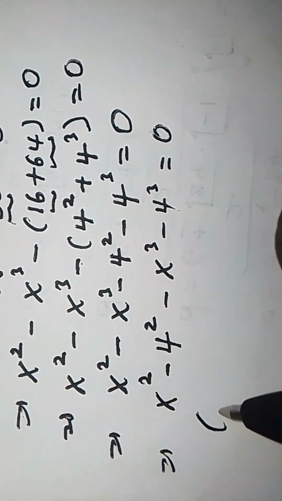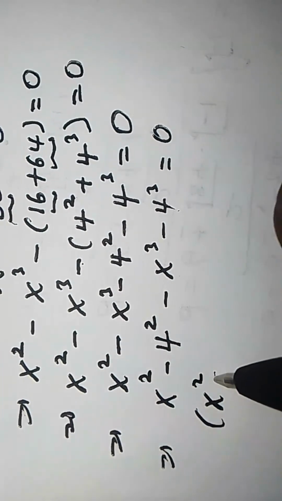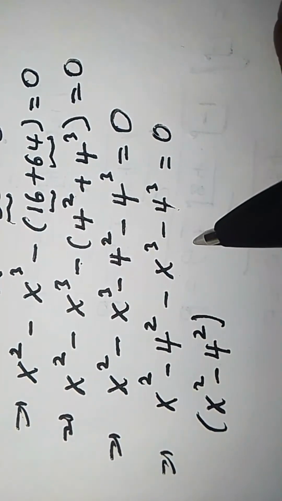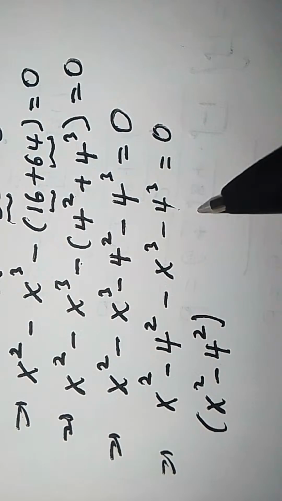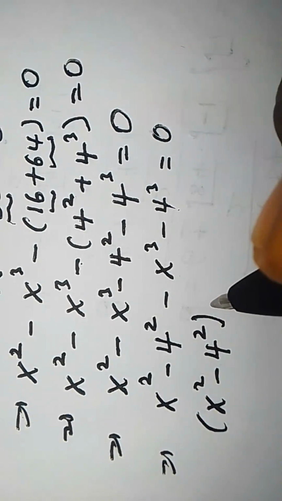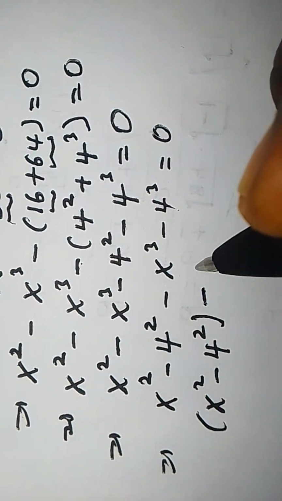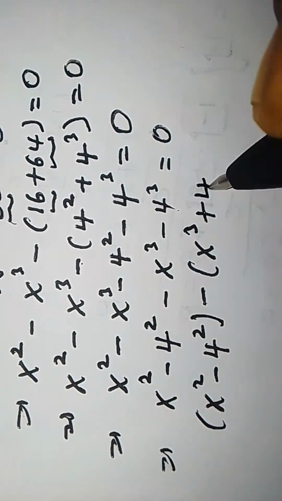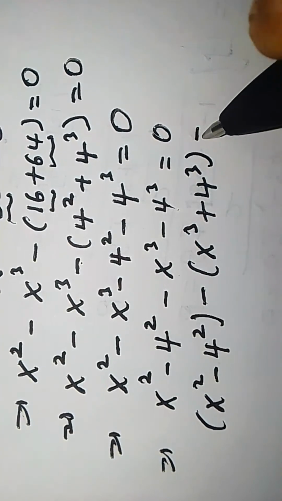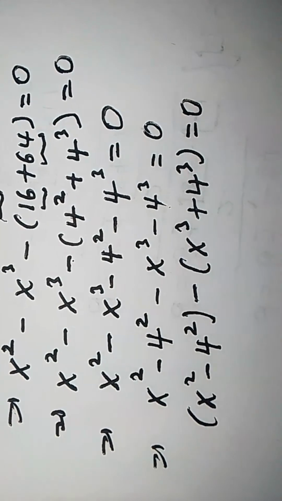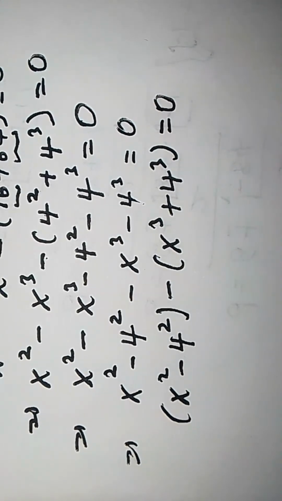So that will be x to the power of 2 minus 4 to the power of 2. Now, to put these two in brackets, we need to factor out the negative sign. So that will be minus into x to the power of 3 plus 4 to the power of 3 equal to 0. Let's continue.